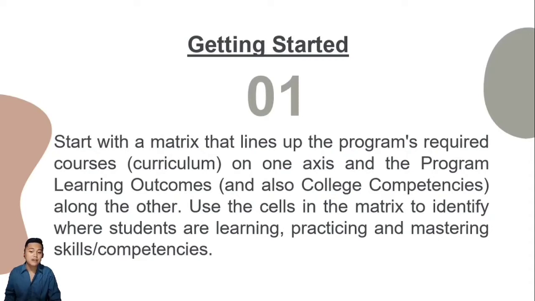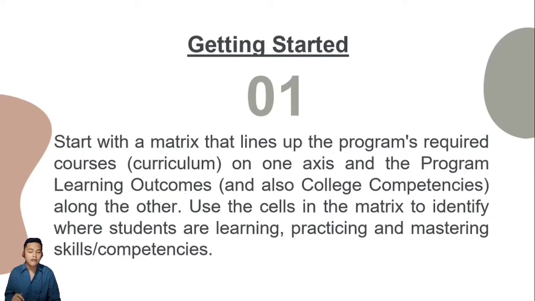So the first step is you're going to use a matrix. A matrix is some sort of a table. Every school has different templates or different matrices that you're going to utilize in mapping program learning outcomes. It depends on the school. There are many templates on the internet. But the most common one is that on the first column, you're going to write all the course learning outcomes.